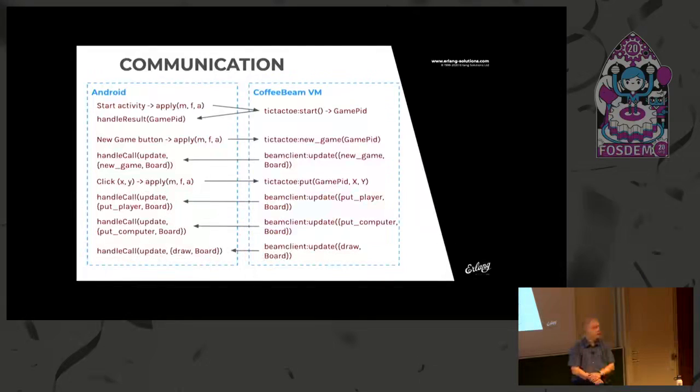I promise you that this will be the most complex slide for this talk. Let me just show the behavior of this tic-tac-toe game that I implemented. So you first start an Android activity, which is basically a way of creating interactive applications.